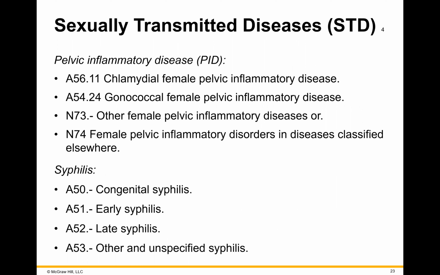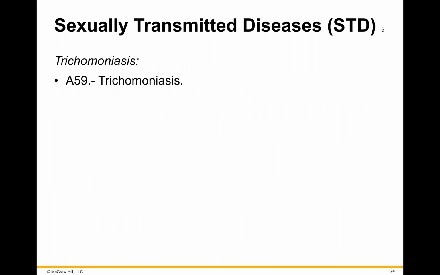It could be related to chlamydia, other things. So you can see that here, A56, A54, A50, what have you. Trichomoniasis, the A59s. Again, note how they all start with A because they're microorganisms, infectious disease.